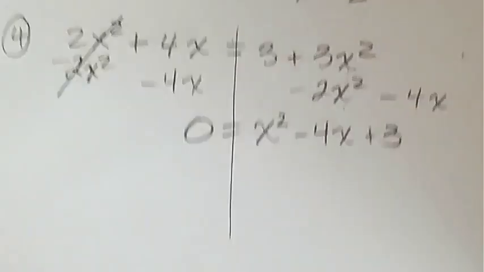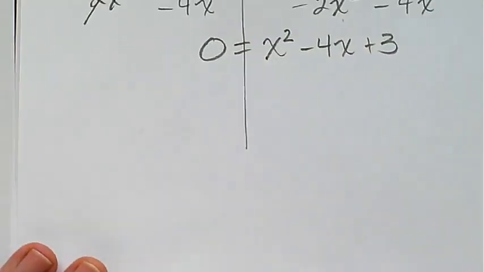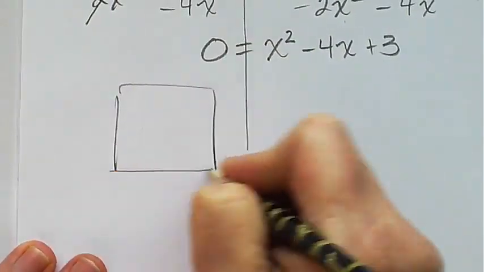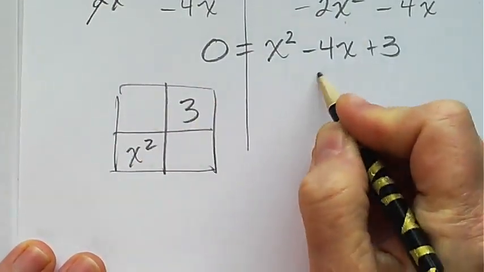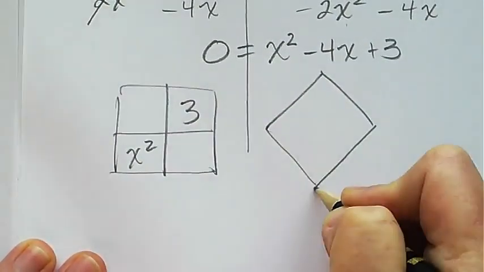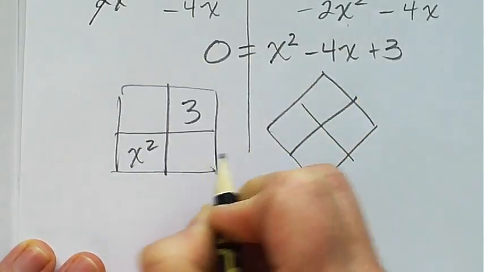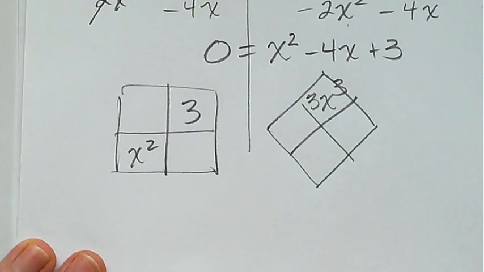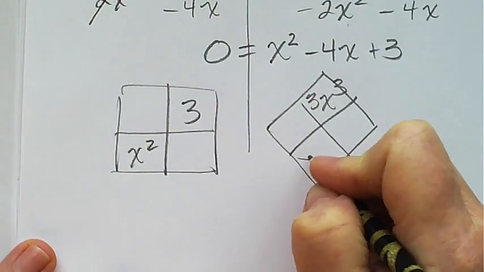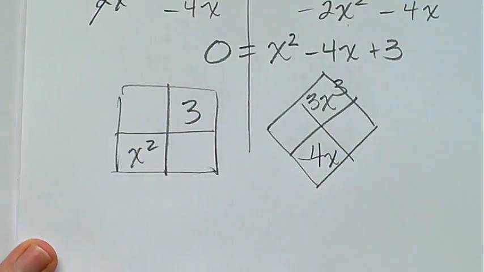And then I'm going to try factoring using area diamond. So I'm looking for factors of positive 3x squared that add up to negative 4x.